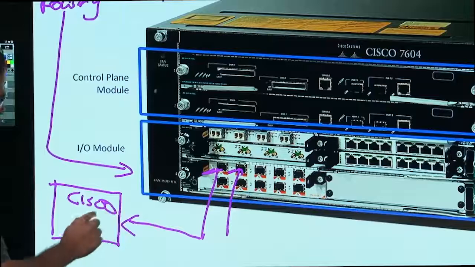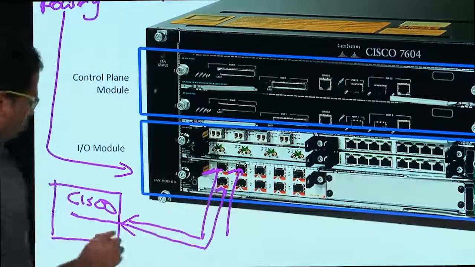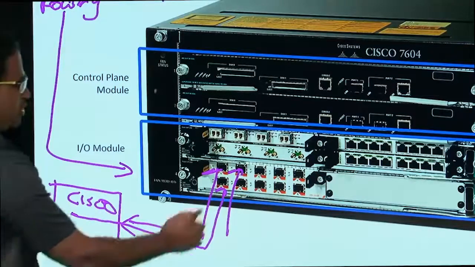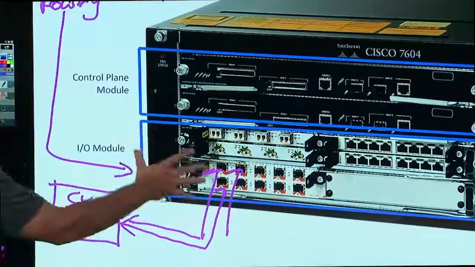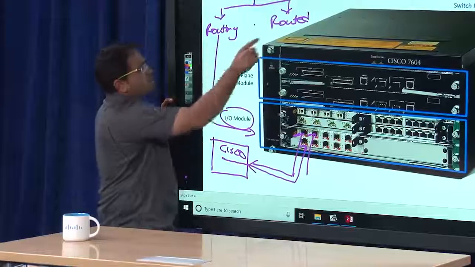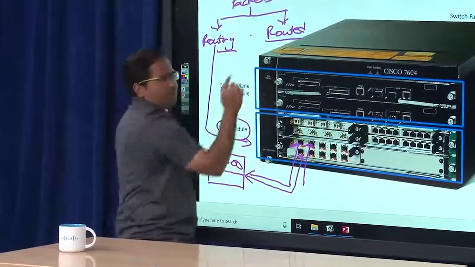So packets live on this network, traveling from one box to the other box through this cable into these ports. These ports, again, are on the I/O module.